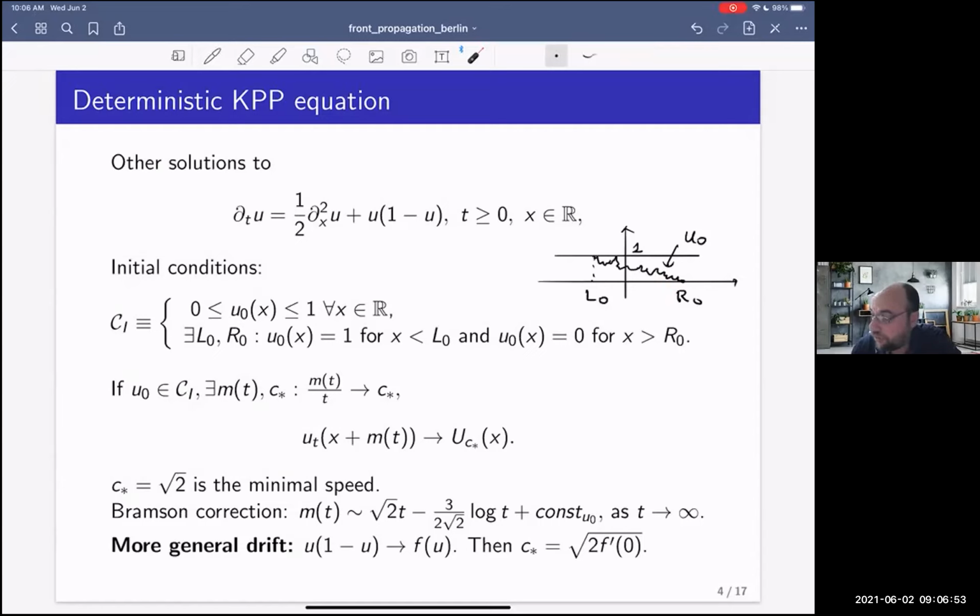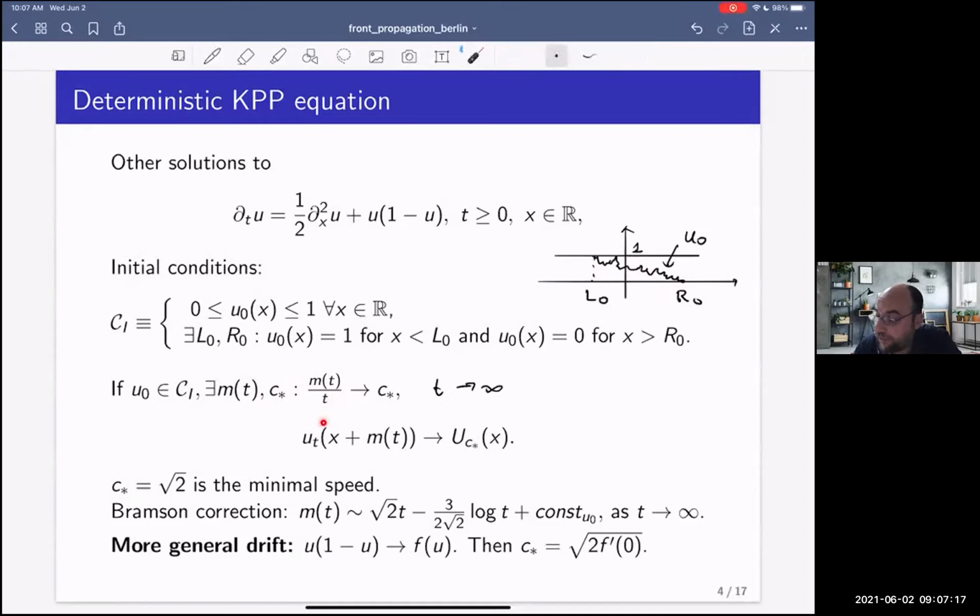It's just the same. And the question is, what happens with this equation, starting from these conditions, when time goes to infinity? And it turns out that there exist c star and a function m(t), such that m(t) over t converges to c star as t goes to infinity.